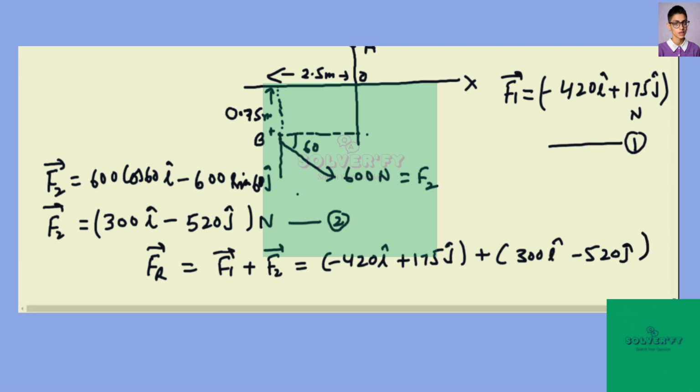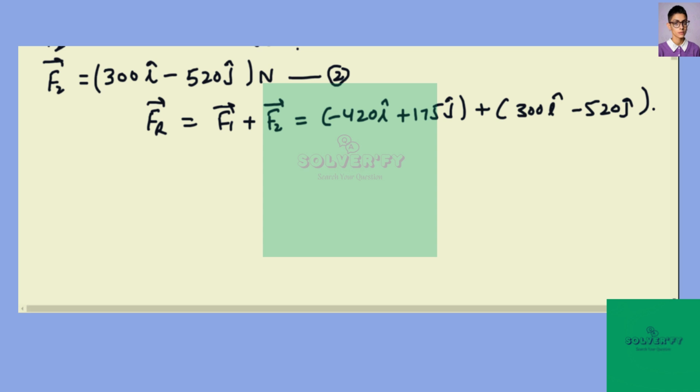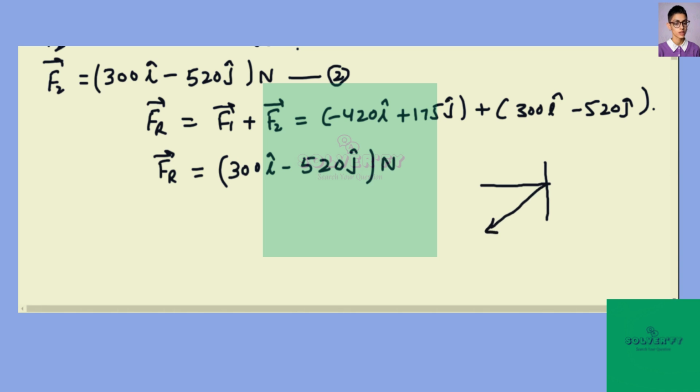So resultant force could be written as 300 i cap minus 520 j cap Newton. You can draw the diagram for this resultant force independently. This will be the resultant force.